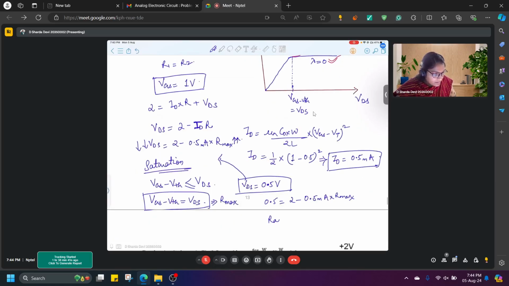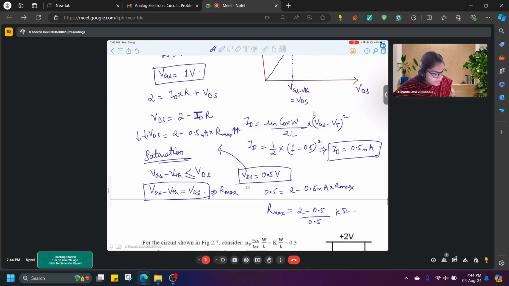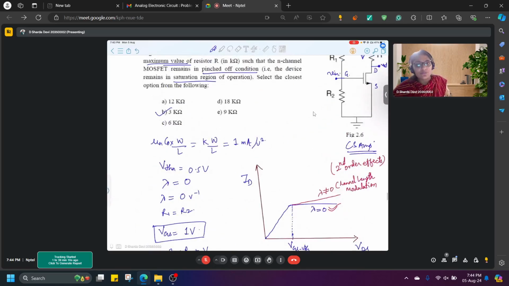So R max is 2 minus 0.5 by 0.5 kilo ohm, that is 1.5 by 0.5. So R max is 3 kilo ohm. So maximum R can be 3 kilo ohm, or it should be less than 3 kilo ohm. So the answer will be 3 kilo ohm.